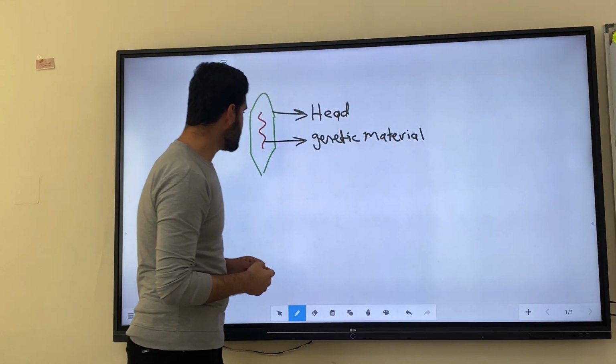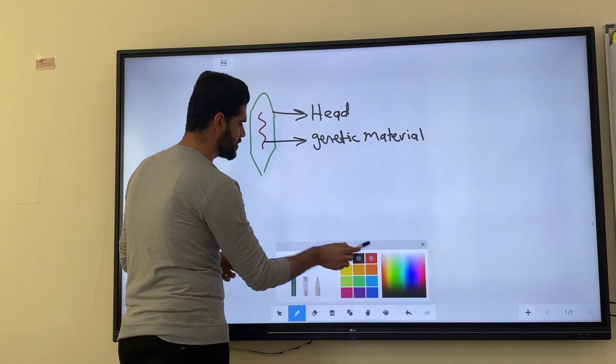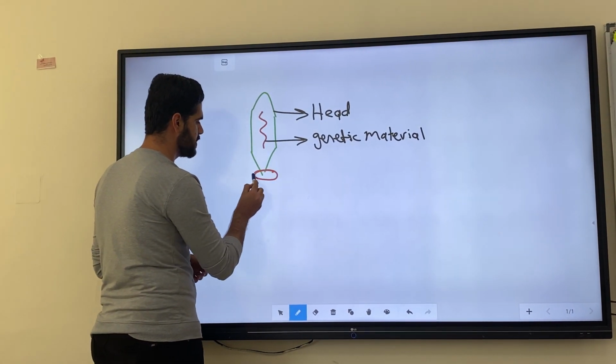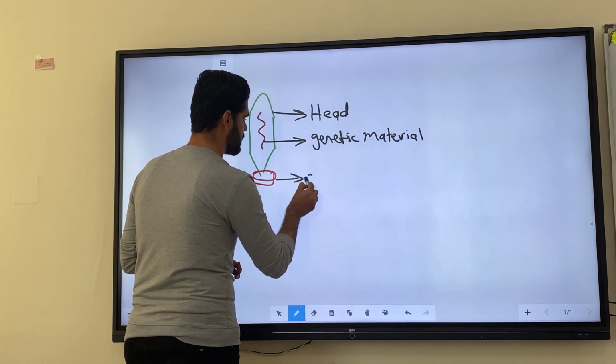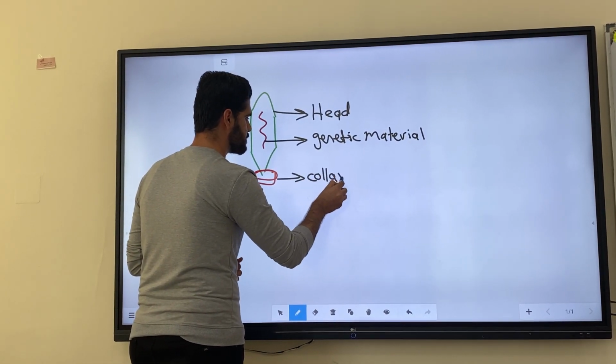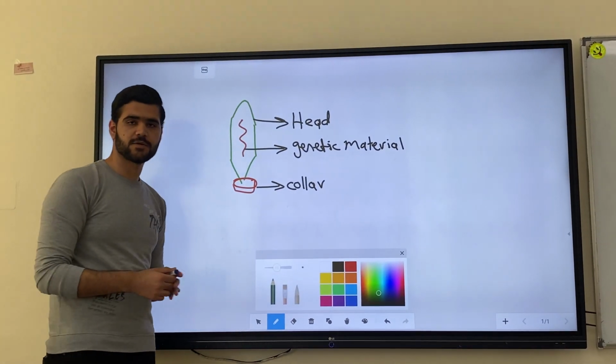Another part that we have after that is the collar. We have a circular structure beneath the head, which is called the collar.